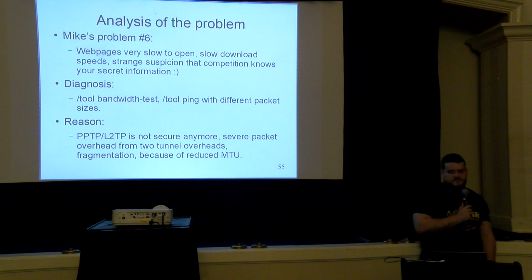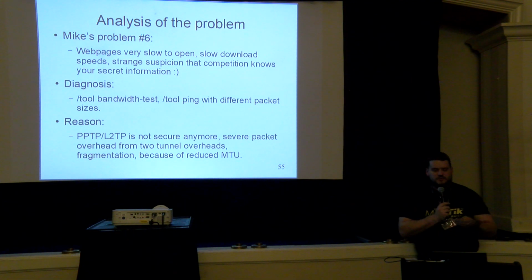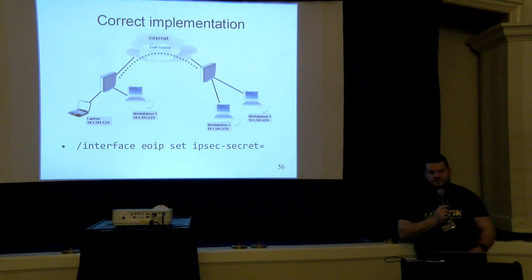So, a strange suspicion that the competition knows your secrets. You can diagnose that with the bandwidth test tool, with the ping tool, with different sizes of packets and without the fragmentation bit. And the idea is very simple. Don't use PPTP, L2TP anymore, at least not in a plain way. The only way to properly implement tunnels right now is with IP security.